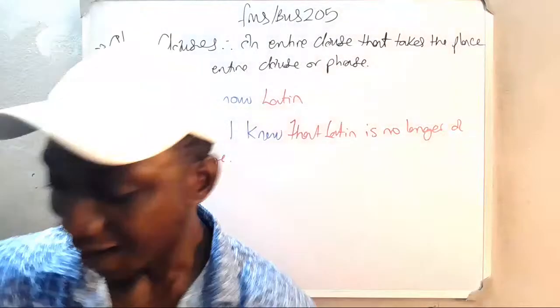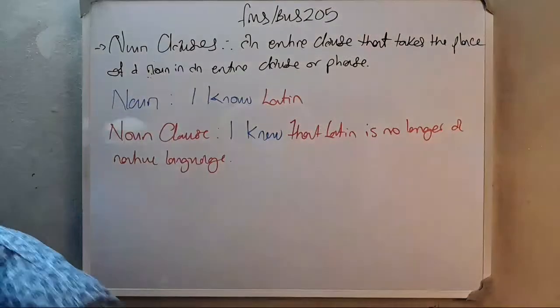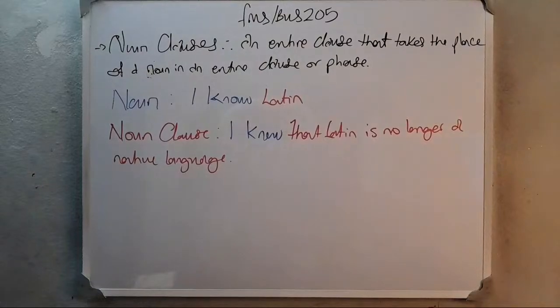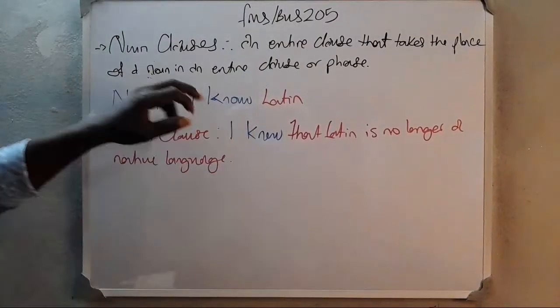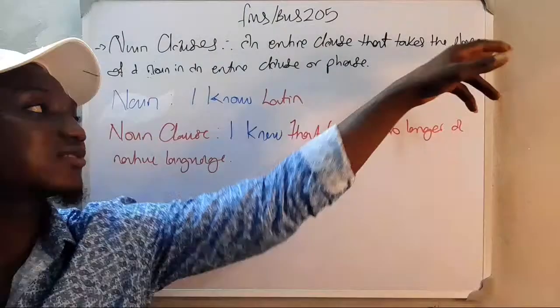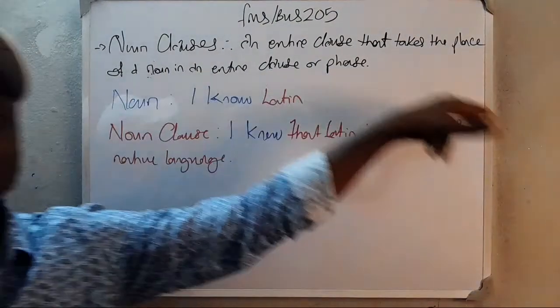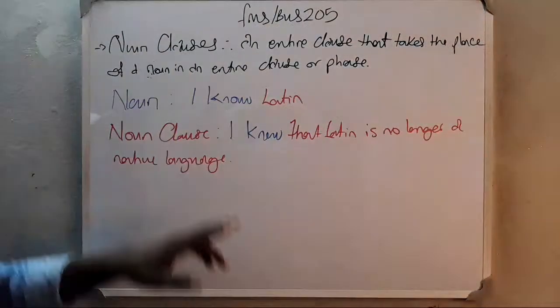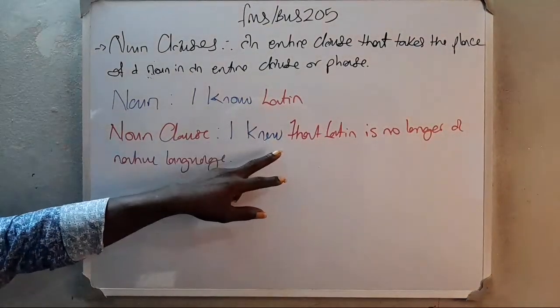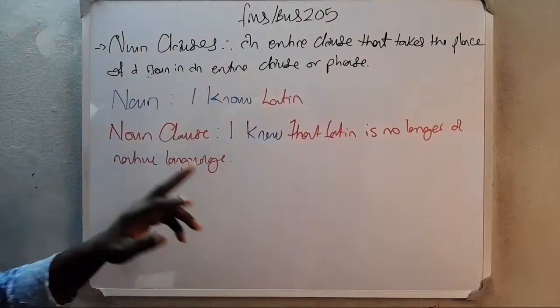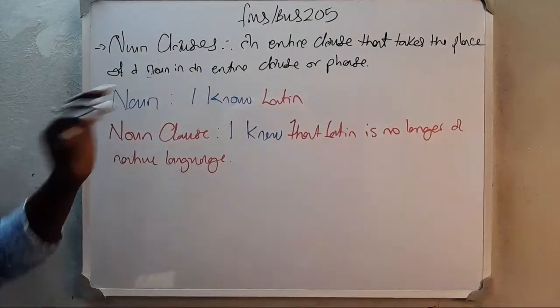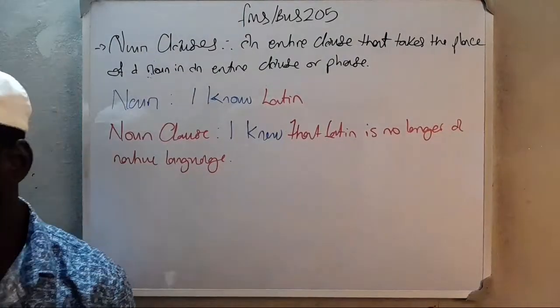Look at what it says here: an entire clause that takes the place of a noun in an entire clause or phrase. Now look at this, I know. Starting from that to language is the noun clause.